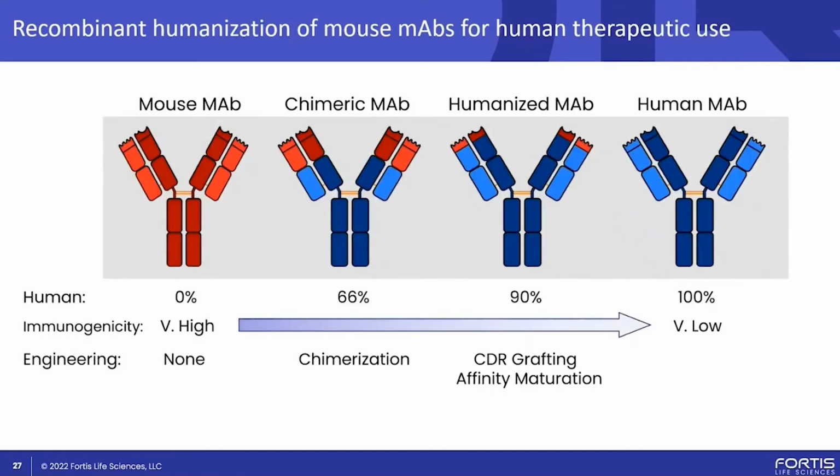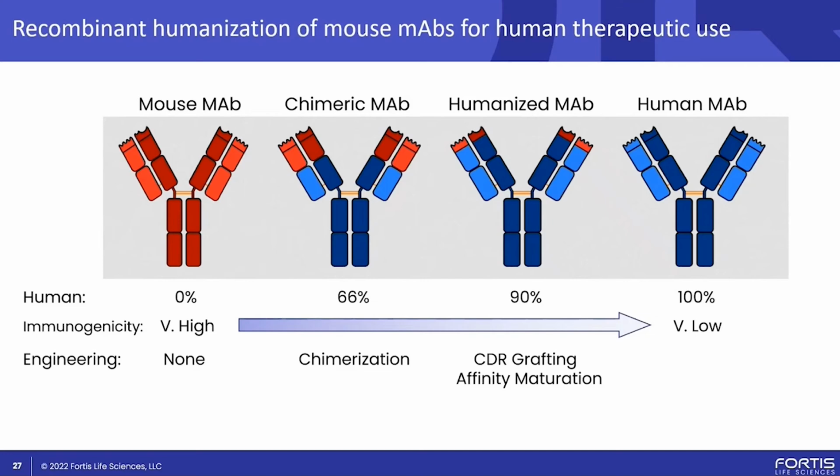And so the most common example of that when it comes to therapeutics is this process of humanization. Humanization enables essentially the conversion of an originally mouse monoclonal antibody to a minimally immunogenic human monoclonal antibody.